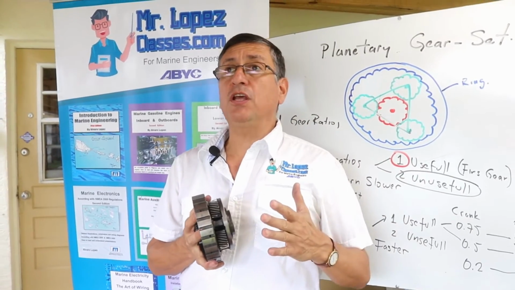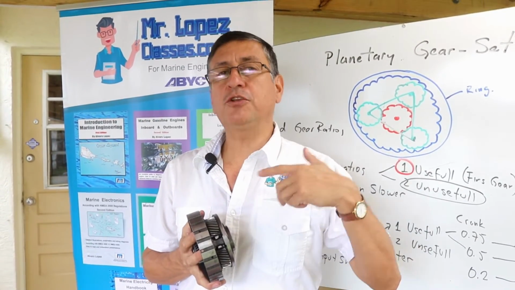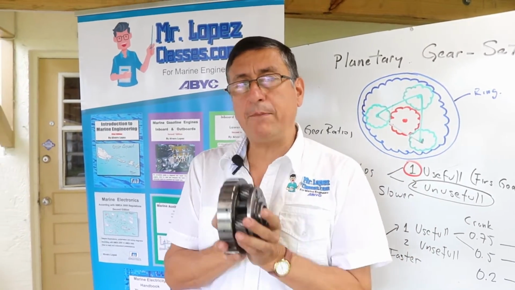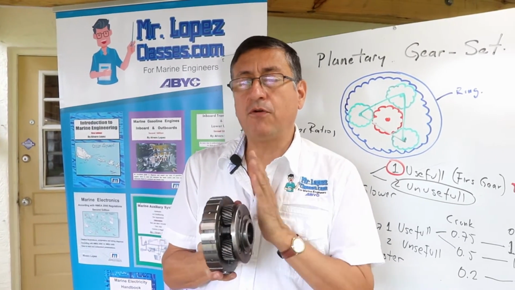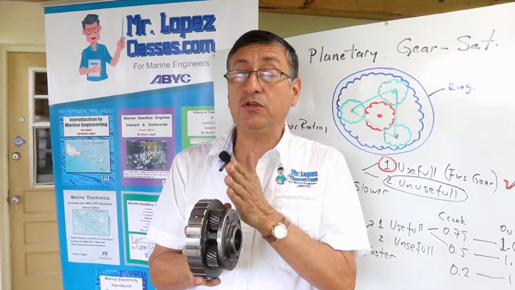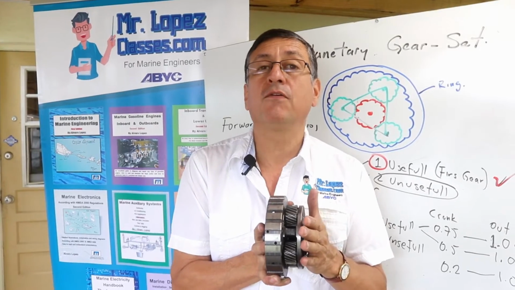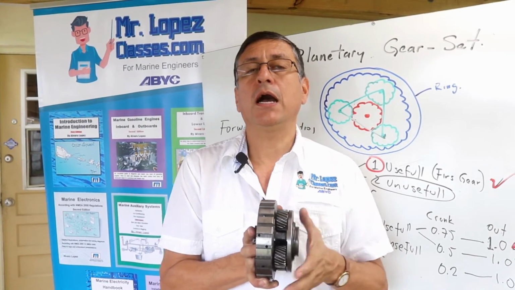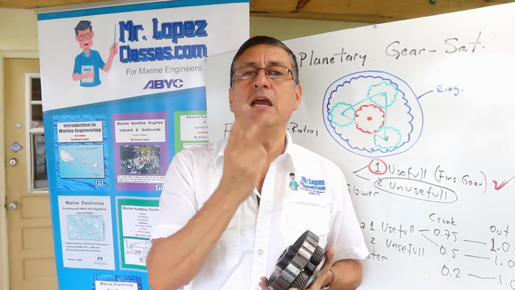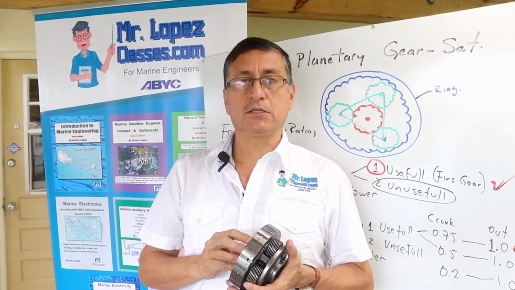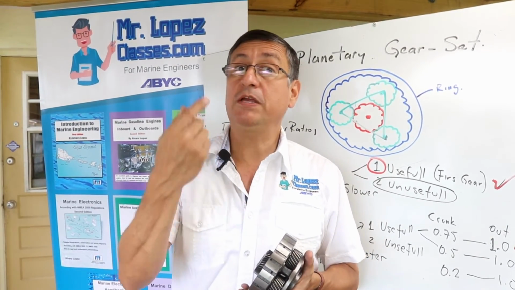Suppose that the transmission is 4 speeds forward. I have 1 planetary gear set for 2 gear ratios and another one in tandem for the other 2 gear ratios. That transmission internally has 2 sets of planetary gears because it's 4 speeds in forward.